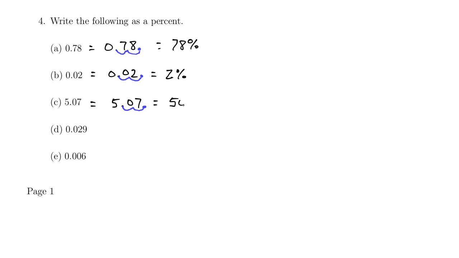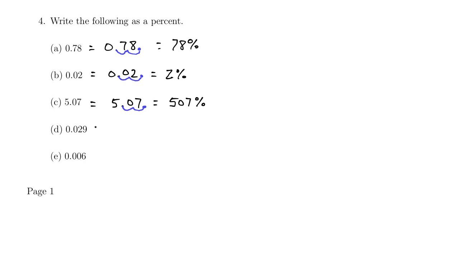So 507, add the percent symbol, 507%. And if it's a whole number, like in part B and C, 2% or 507%, you don't have to add the decimal in the final answer, so we can just say 2% or 507%.